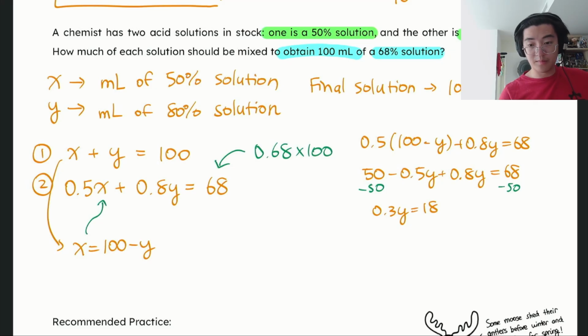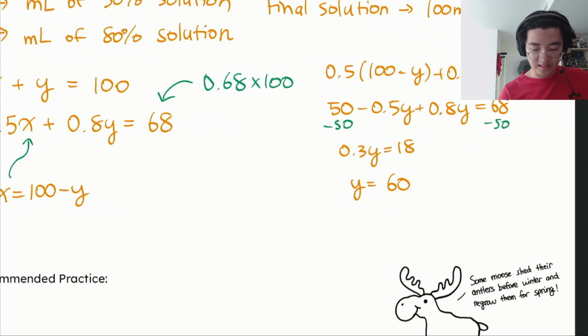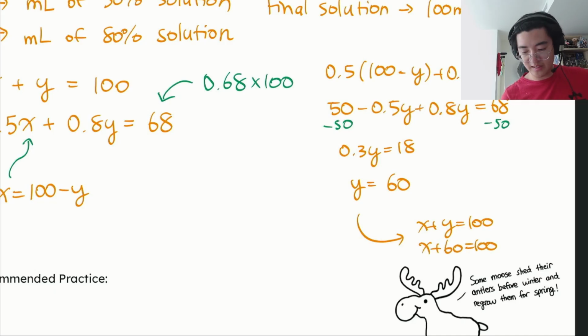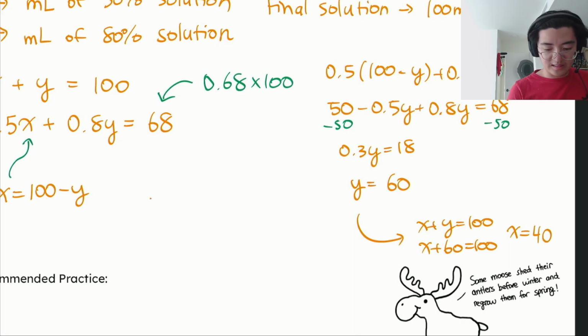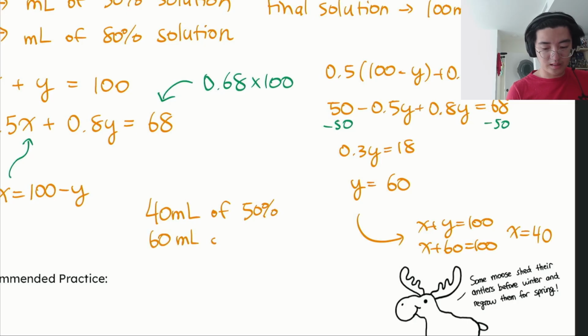Divide both sides by 0.3. Alright, that's y done. And then the x. Subtract both sides by 60. x is 40. This means that we need 40 mils of the 50% solution and 60 mils of the 80% solution.